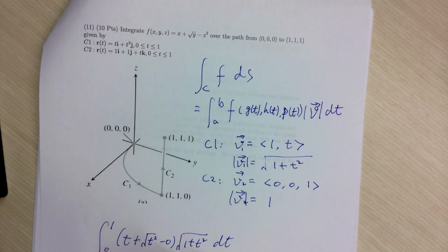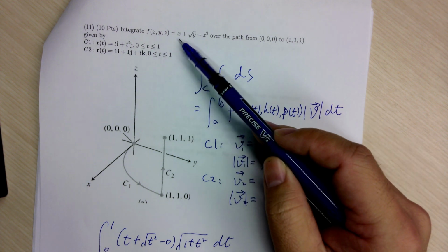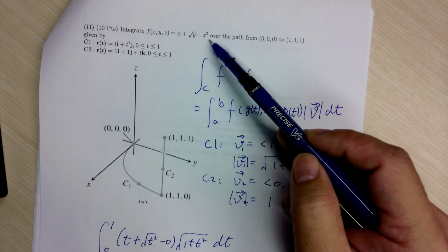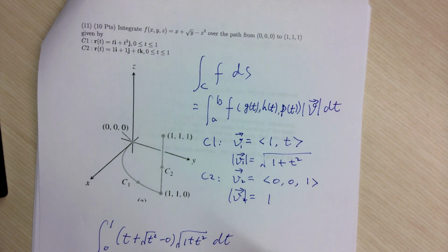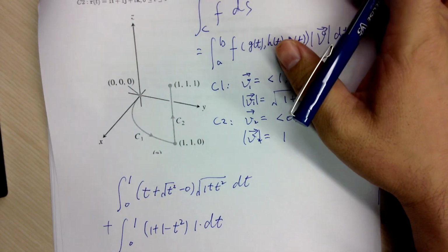And then plus, from 0 to 1, it's going to be 1 plus 1 minus t squared, and then times 1, and then times dt. Okay, so all you need to do is just to finish this evaluation.